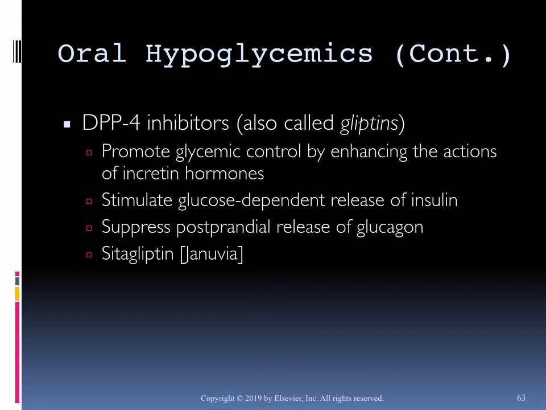There's a warning with some of the ones in this particular category, saxagliptin and alogliptin, that increases the risk of heart failure in persons, especially with a pre-existing heart or kidney disorder. And they've also been known to cause very severe, in a 2015 study, very severe and disabling joint pain.